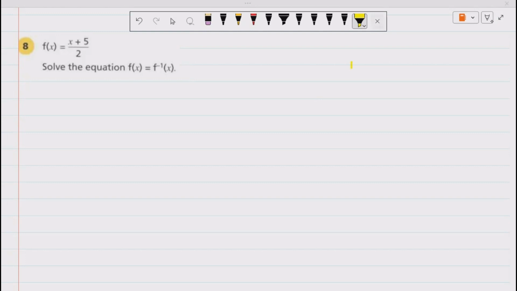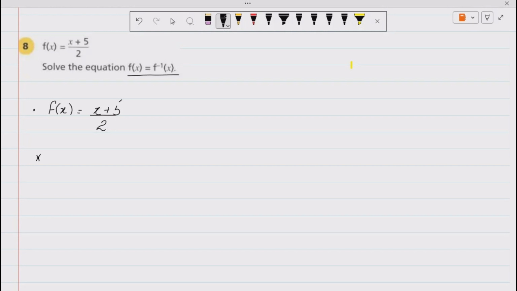So first we have to find f inverse of x.